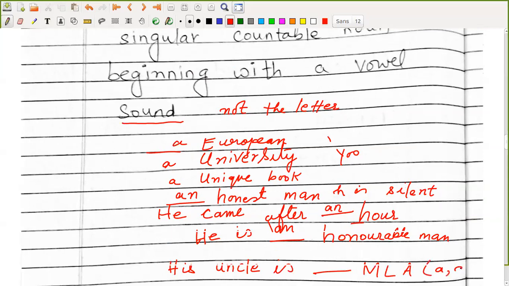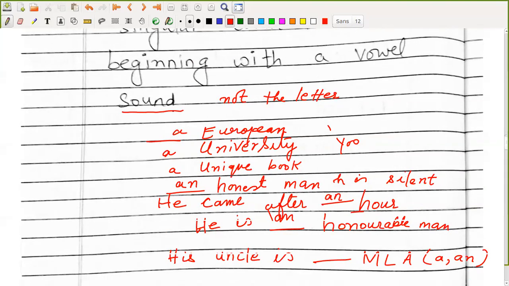A या an? What will you use? Tell me. See the pronunciation.